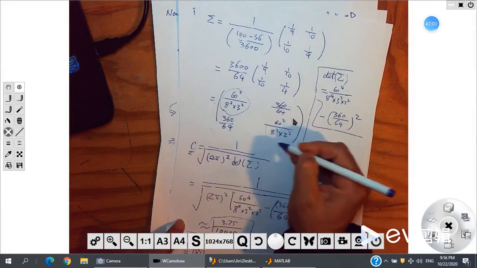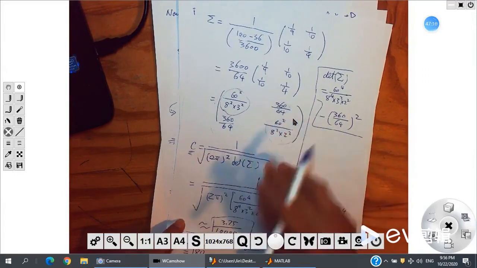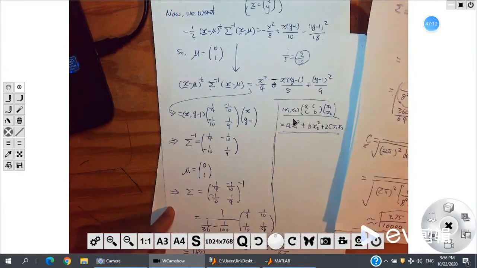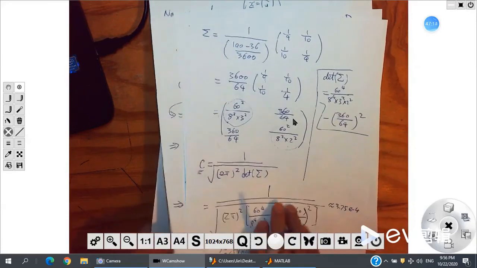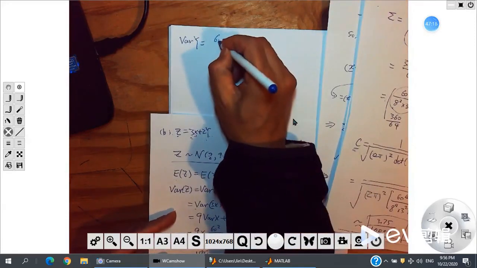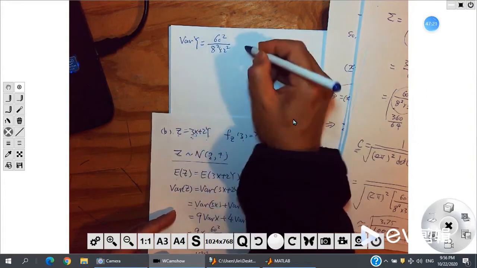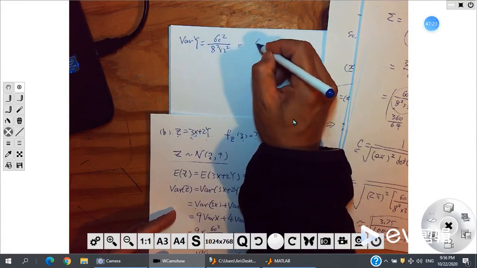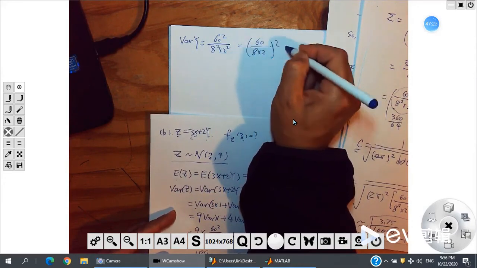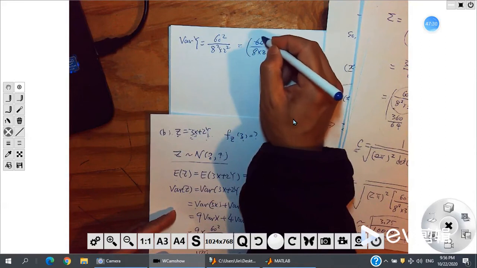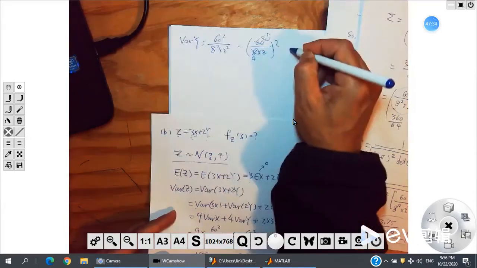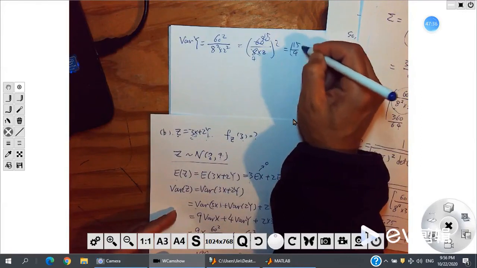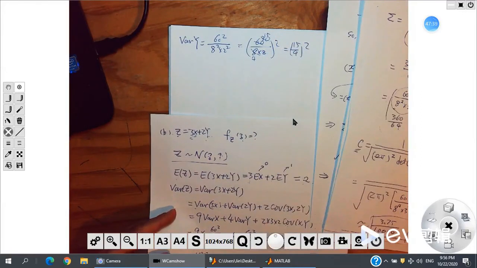So it should be this element. It's 60 squared over 8 squared times 2 squared. So this is 60 over 8 over 2, squared. I can cancel something, right? 2 gets 30. And this is 15, this is 4. So this is 15 over 4, squared. Alright, this is the variance of Y.